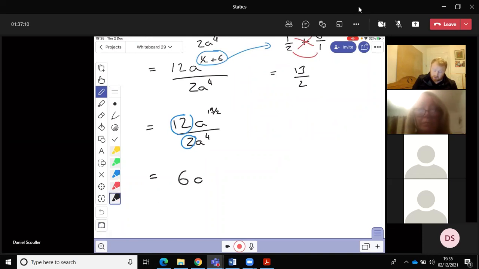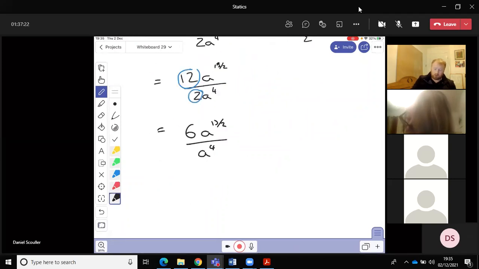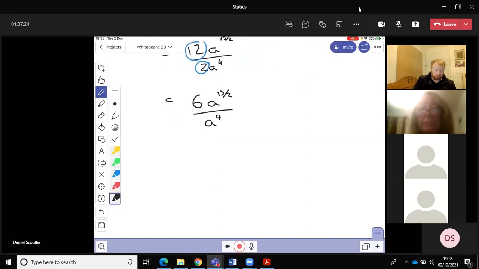That'll become 6a to the 13 over 2, over a to the 4. Going to bring that denominator up. That 4 becomes a negative 4.